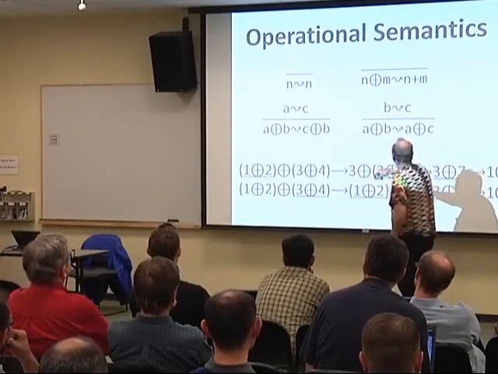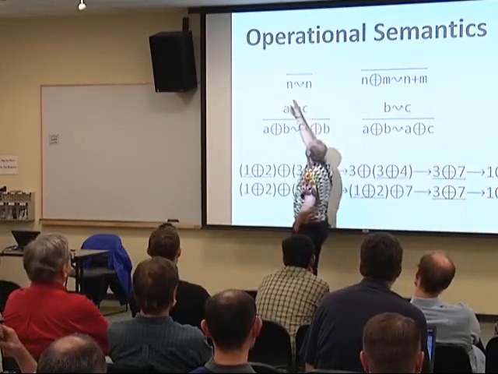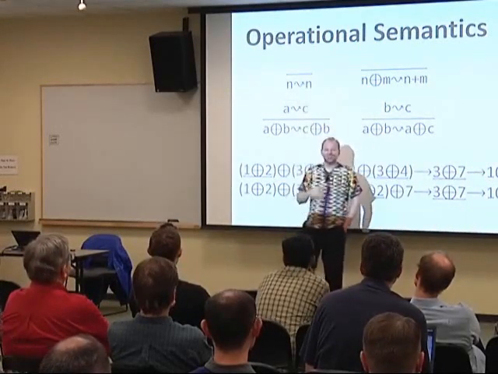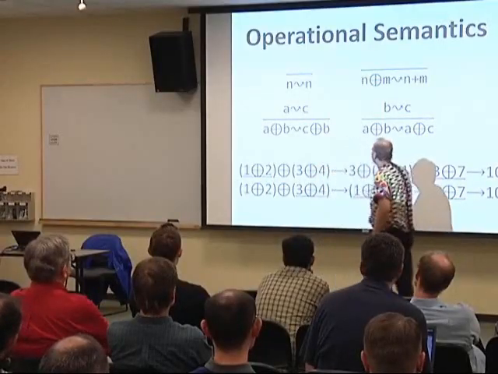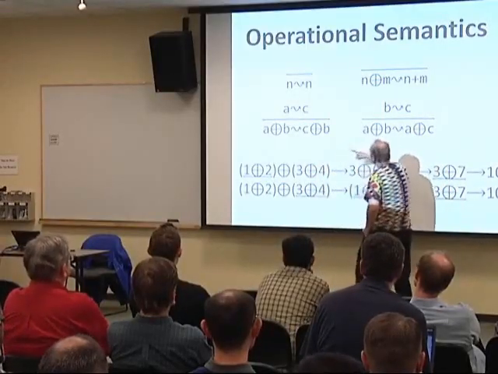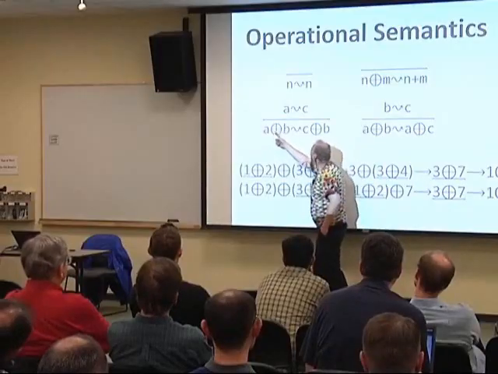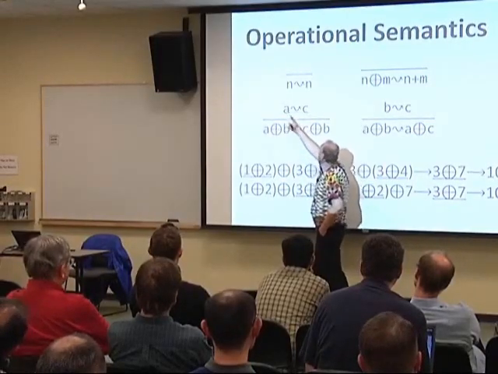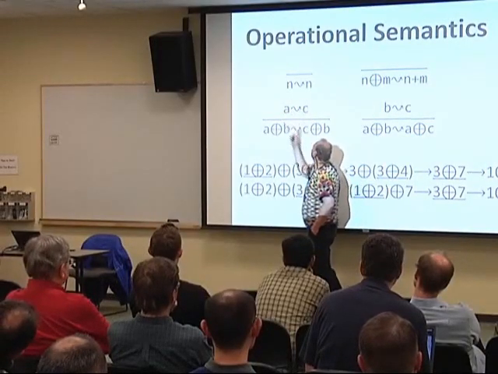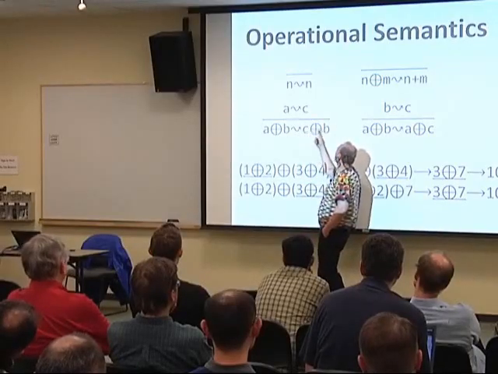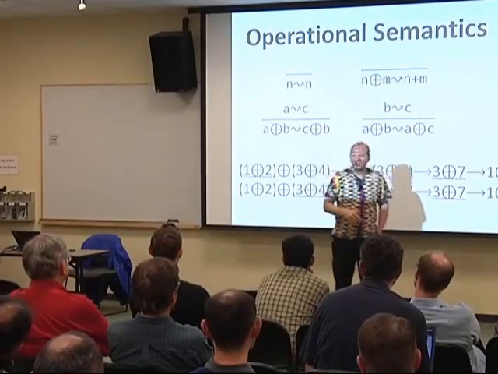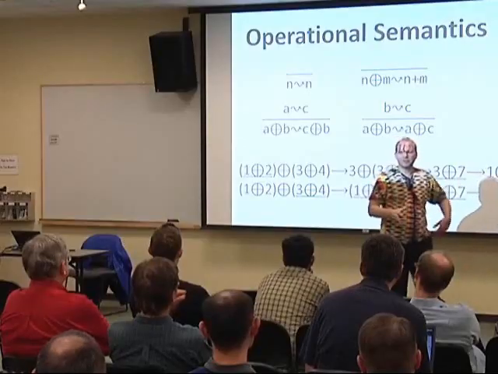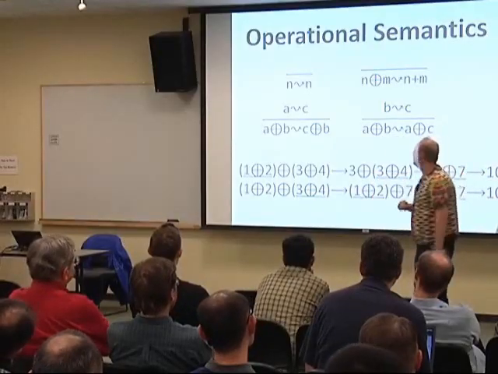So for example, if I want to execute a number, well, that is the number itself. If I want to execute A plus B, well, I can execute A to C, and then I get C plus B. Okay? So that is kind of an abstract description of how, given an expression, you can execute it.